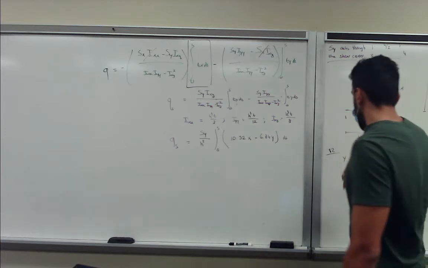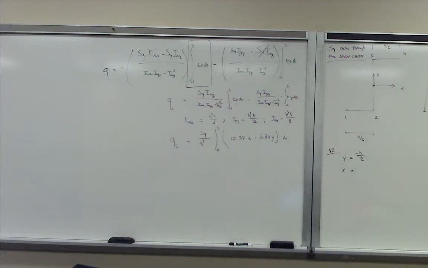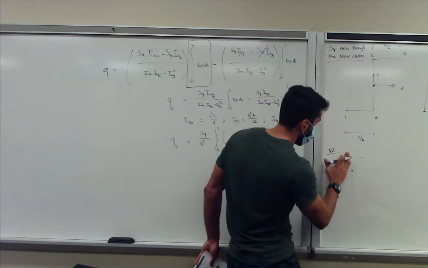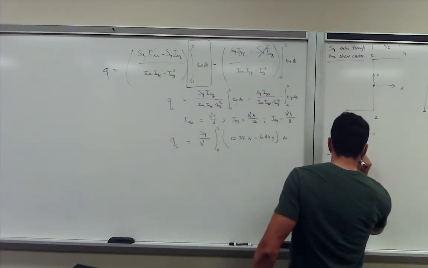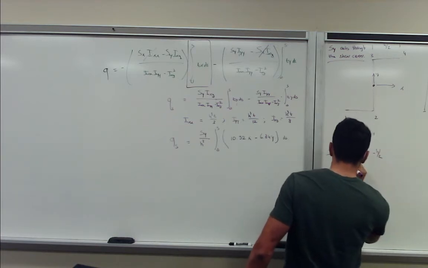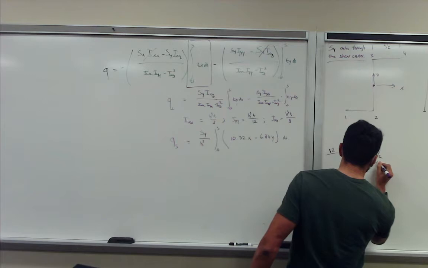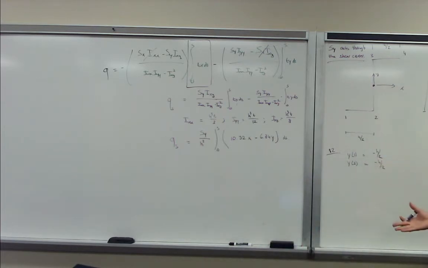So what happens to our x coordinate? We can actually say, if we add one more step to it, y at point 1 is equal to negative h over 2, and y at point 2 equals negative h over 2. So because it doesn't change, y is a constant.